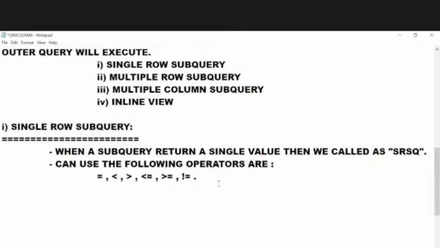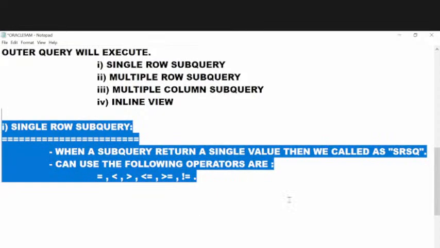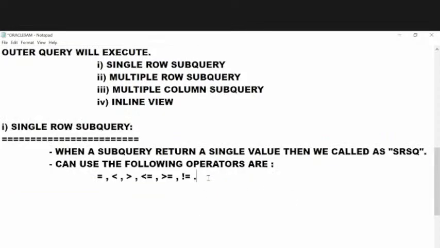Is the definition clear now? The practical examples we will see tomorrow. I will show you some examples of how to work on single row subqueries. Okay, thank you so much.